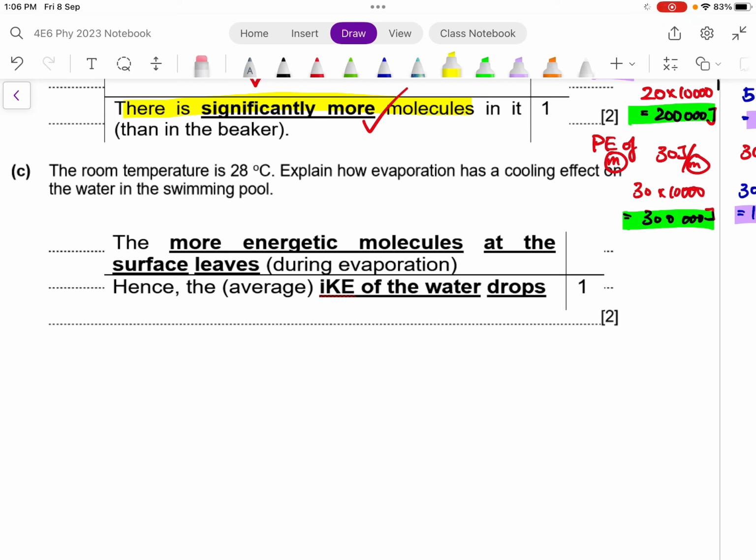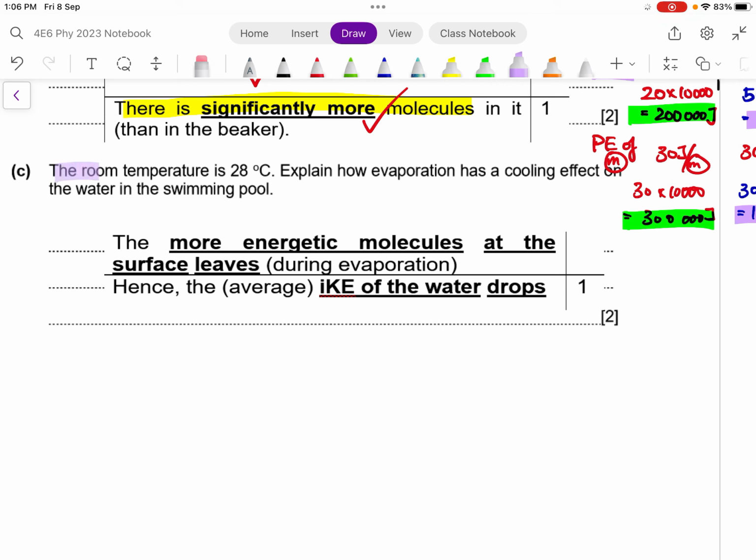Like I said many times, evaporation doesn't absorb energy. And in the earlier videos, I always said, teachers will always embed misdirection to see whether you have real understanding.